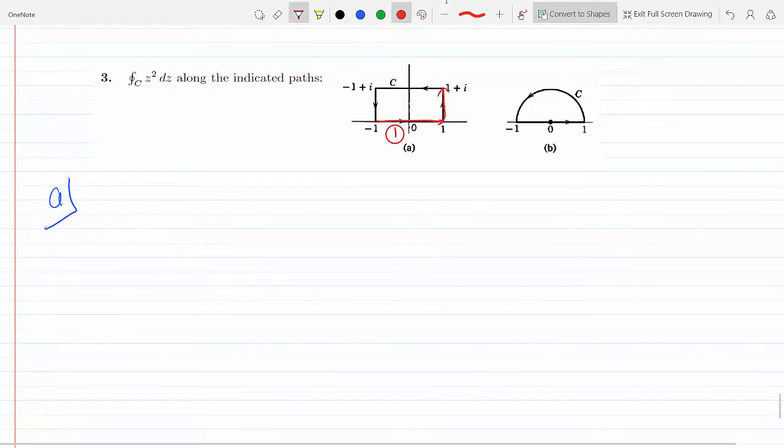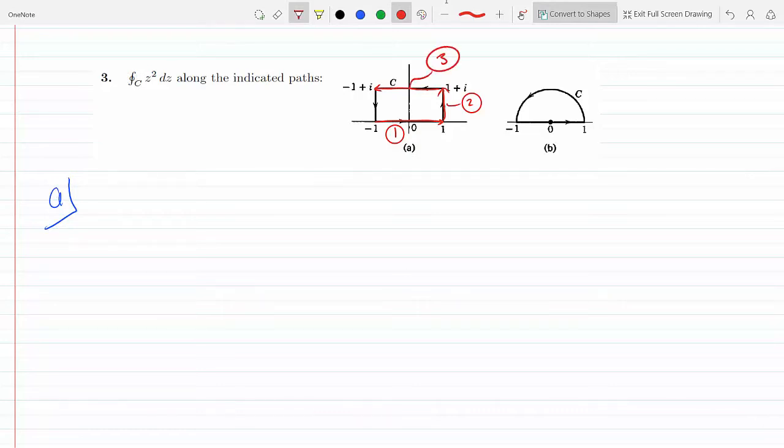So this is path number 2. And then we could go from 1 plus i to -1 plus i, so this is path number 3. And then finally we can go back down to -1. So this is path number 4. And then all you have to do is integrate each one of these.